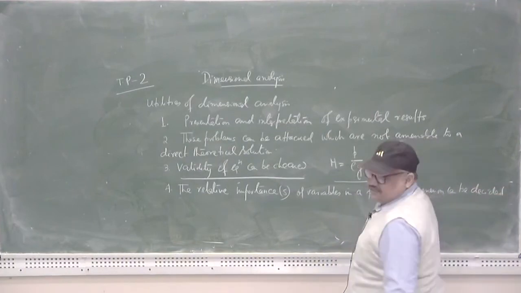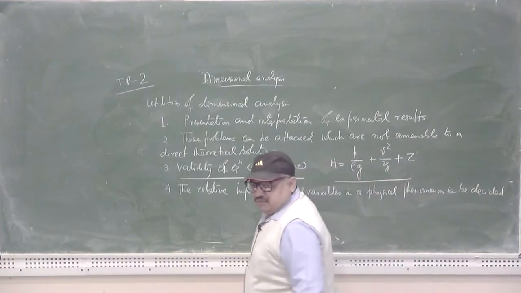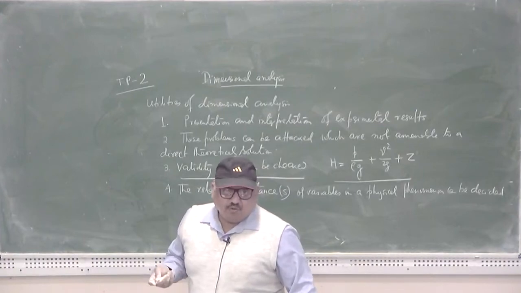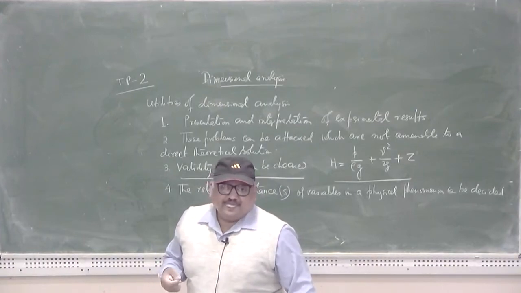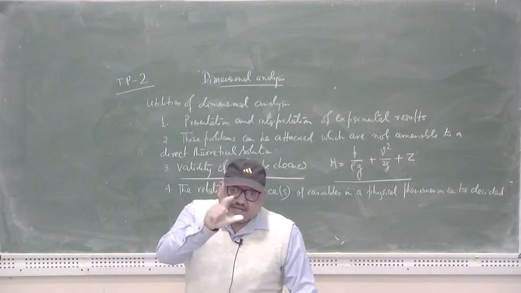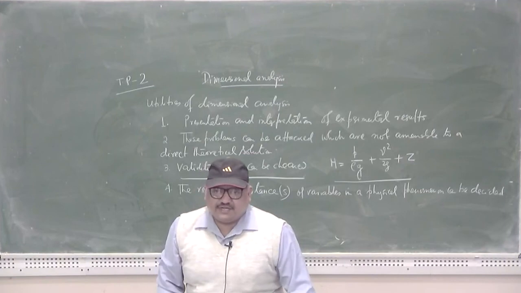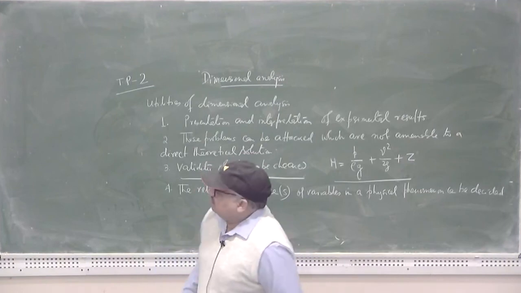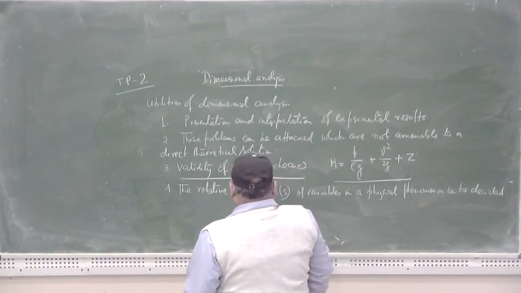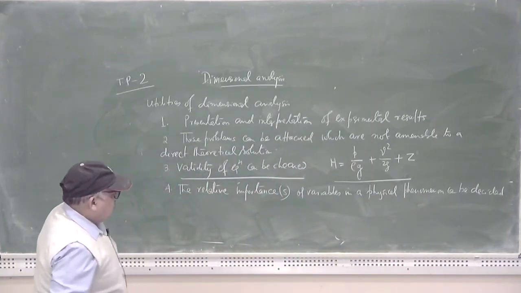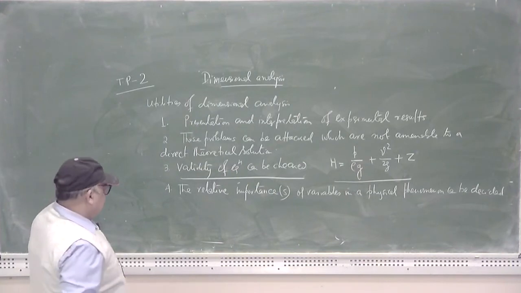The relative importance of V, D, mu, rho, all can be established, so that in a collective manner all those relevant variables stand for a single quantity, that is called the Reynolds number. So the relative importance of the variables in a physical phenomenon can be decided.